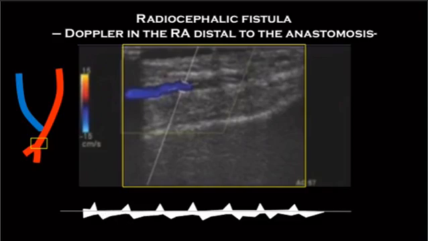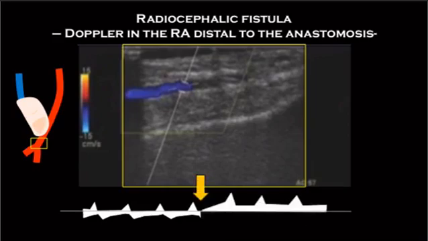Now, if you put gentle manual compression at the fistula, that's supposed to improve the flow. So with manual compression here, you're going to see a change in the waveform where now your diastolic flow is in the forward direction.